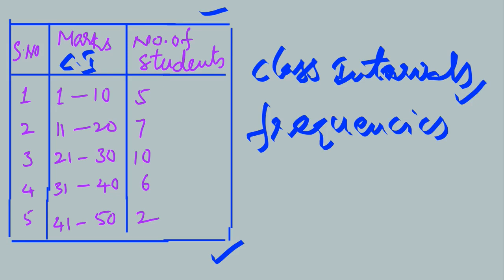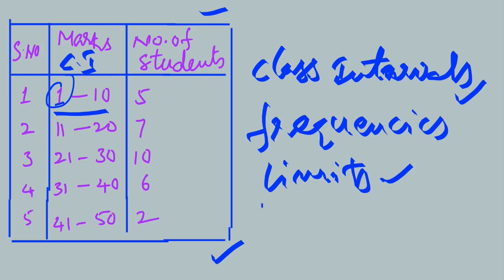And another point is limits. What are limits? For example, in the first class interval, this one is called the lower limit, and this 10 is called the upper limit.